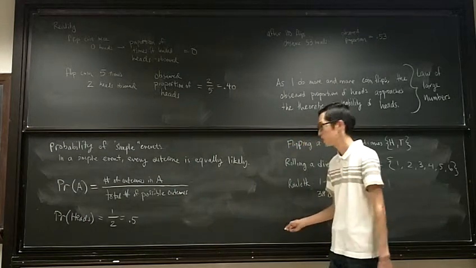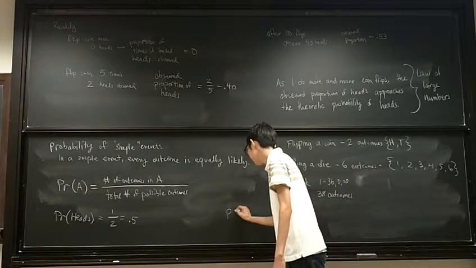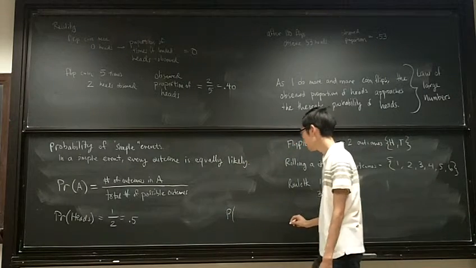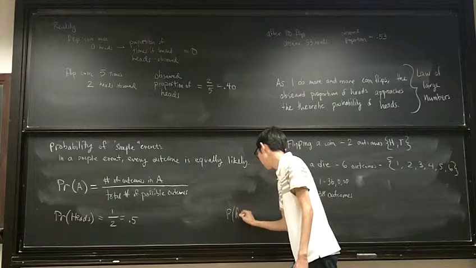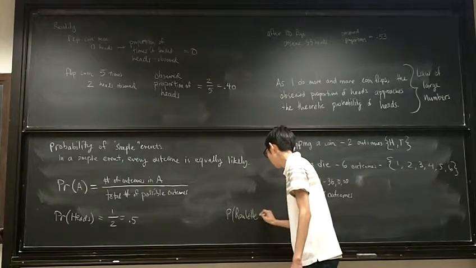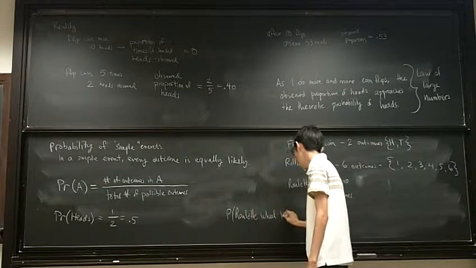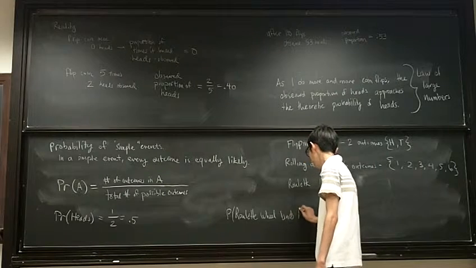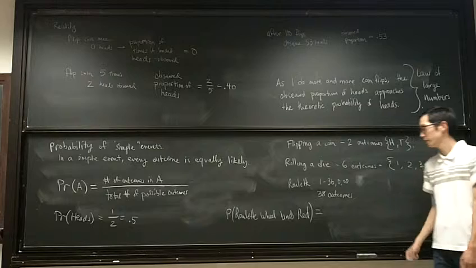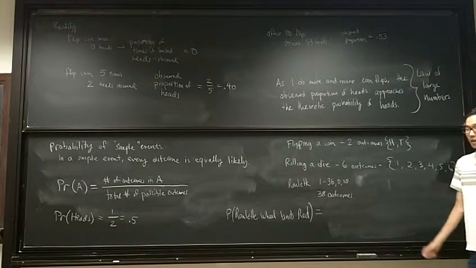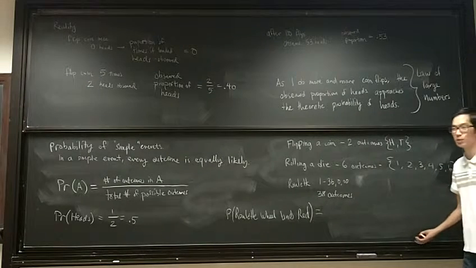What's the probability that the roulette wheel lands red? Alright, so how many spaces on the roulette wheel are red?